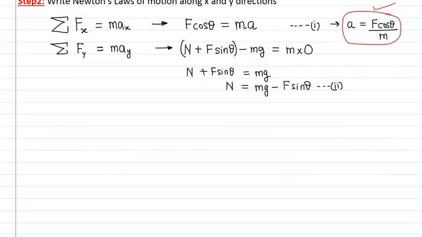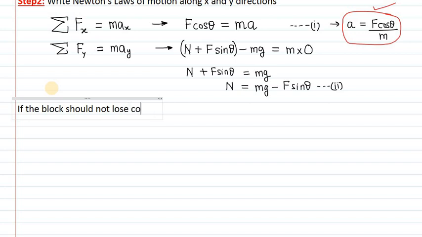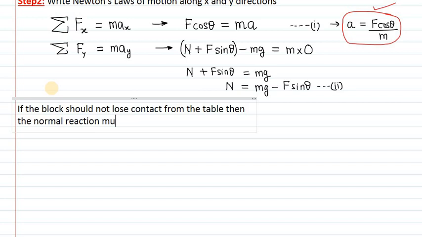We will write down the concept here that if the block should not lose contact from the table, then the normal reaction must not become zero.